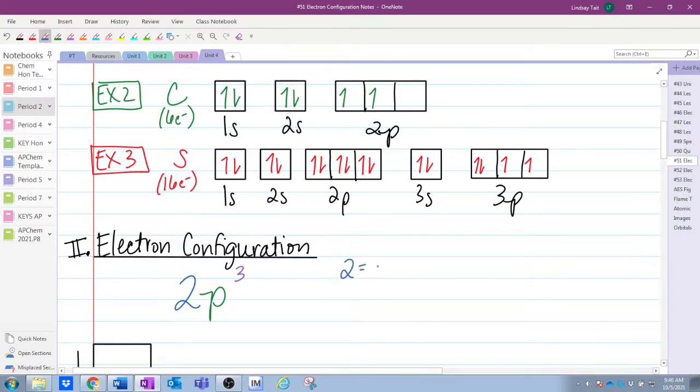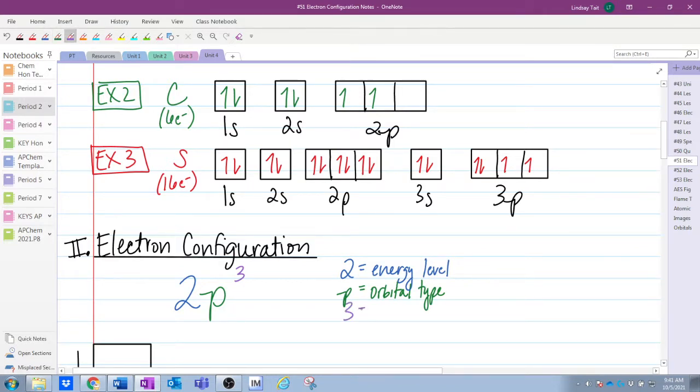All of this information, what does it tell you? The number 2 tells you the energy level that the electron is at. In this example, the letter p tells you the orbital type, s, p, d, and f, that the electron is in.